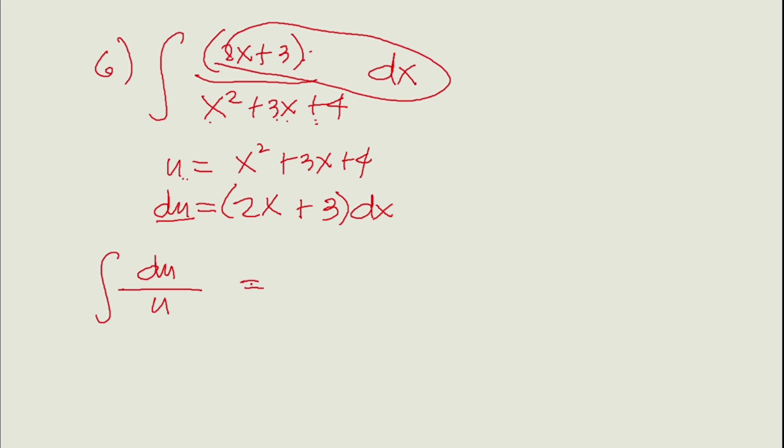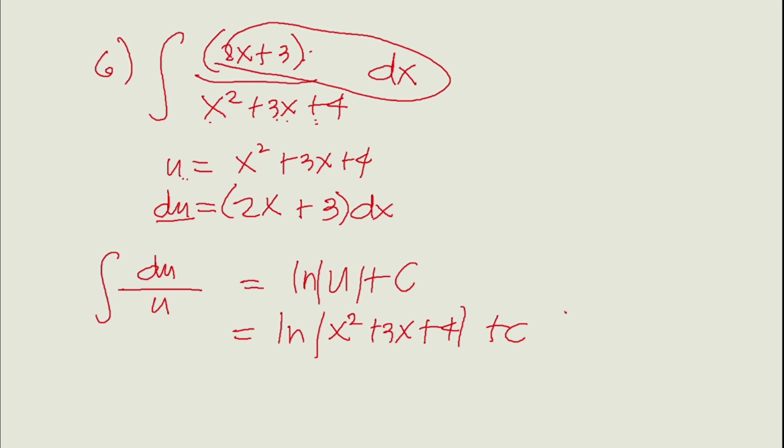The integral of du over u is ln of u plus c. So therefore we have ln of x squared plus 3x plus 4 plus c. Okay, that's it for number 6.